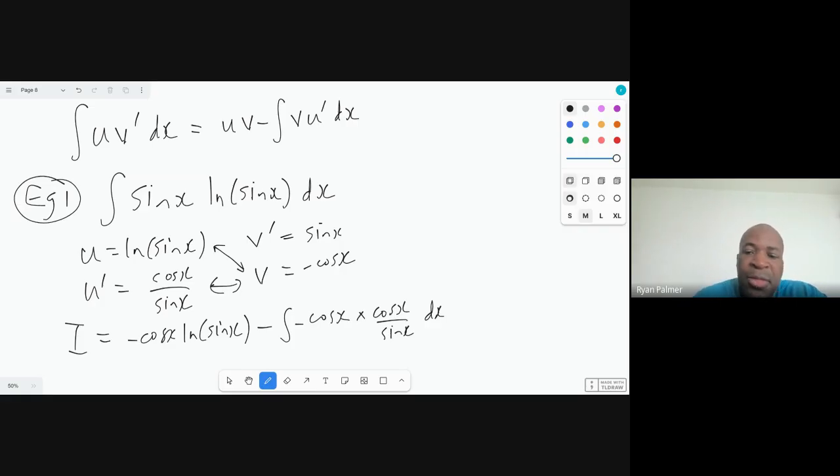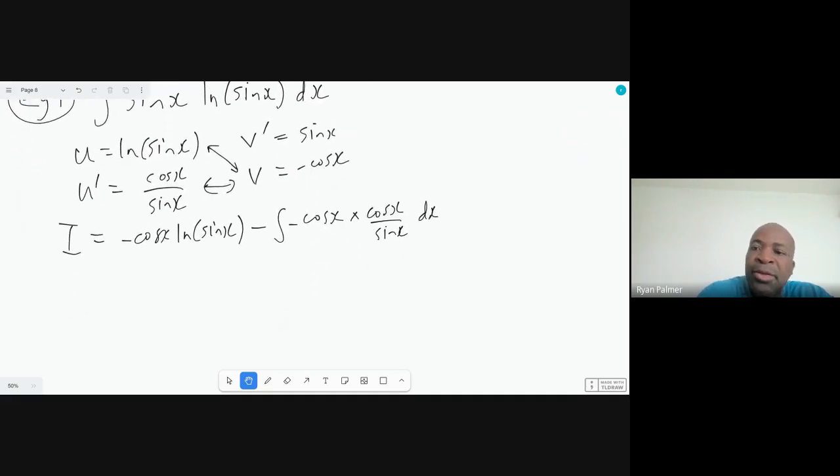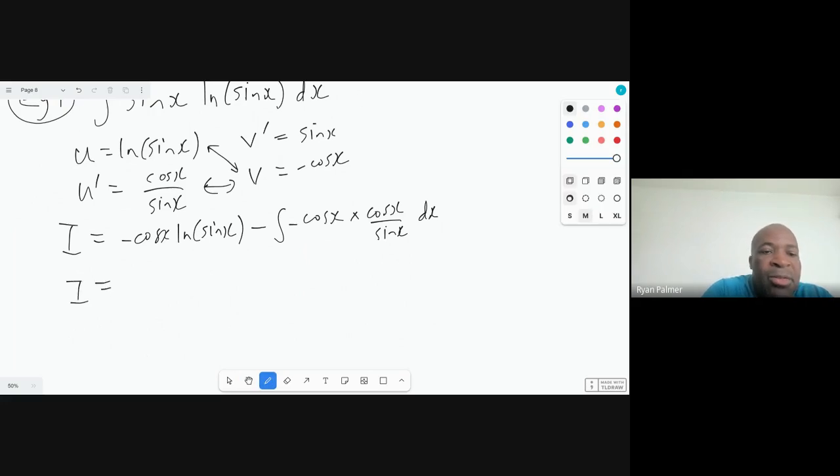So here, the minus times the minus will give us a plus, so we can simplify this. We're going to have the integral is equal to minus cos x ln sine x, then plus the integral of cos square x over sine x dx.